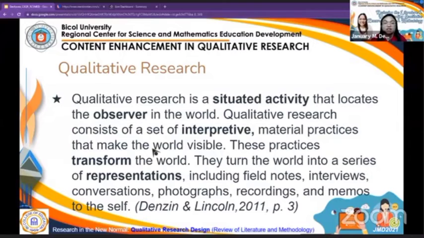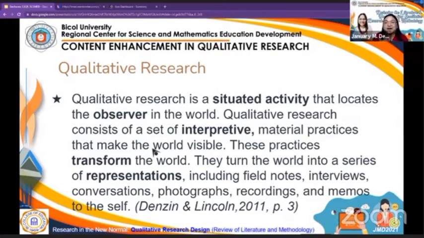So with this definition, we could see that qualitative research involves an interpretive, naturalistic approach to the world. So how we see the world as it is and how it is being represented. As a qualitative researcher, we study the world in its natural setting. We don't modify, we don't change conditions.